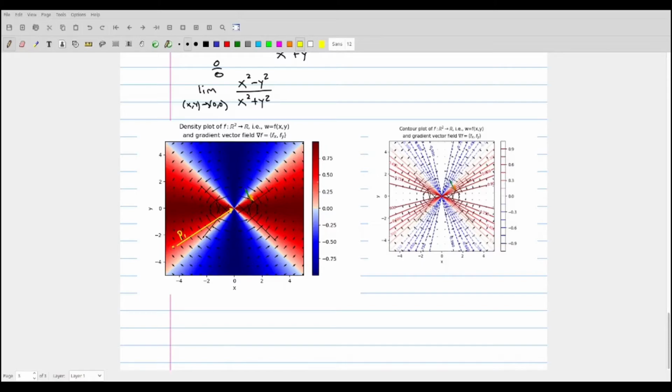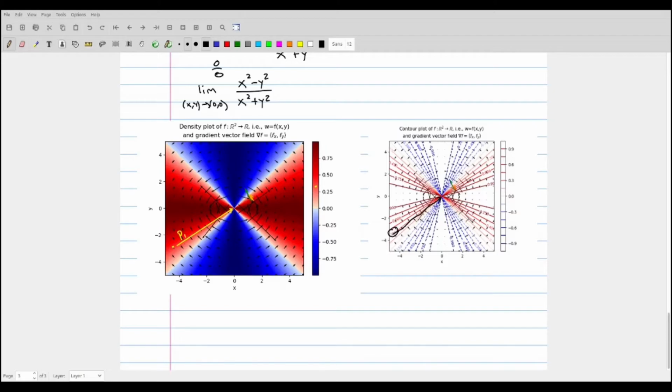So it looks like it's around 0.3 or so. And sure enough, if you look at the contour plot of the function, or the contour lines, this is exactly the case, that this path right here corresponds to a value of the function at around 0.3.